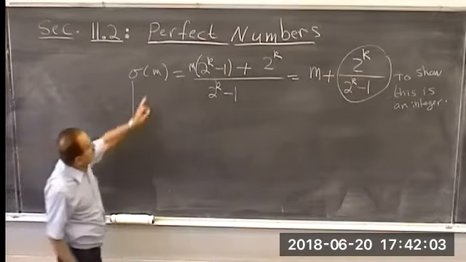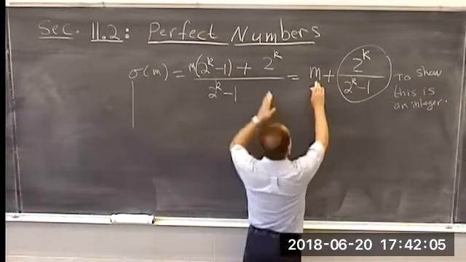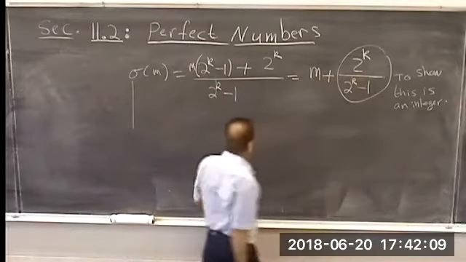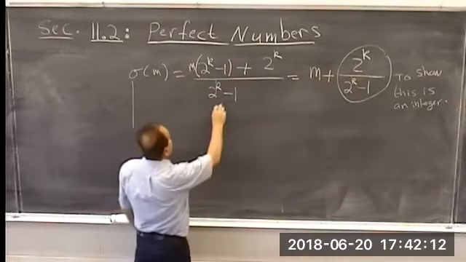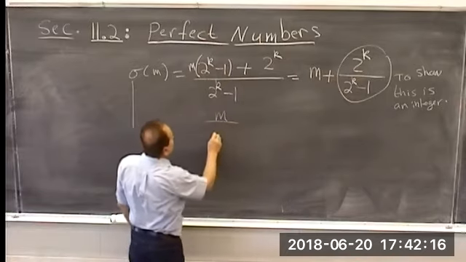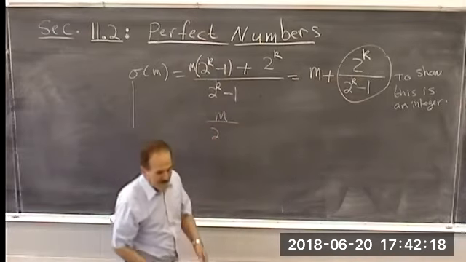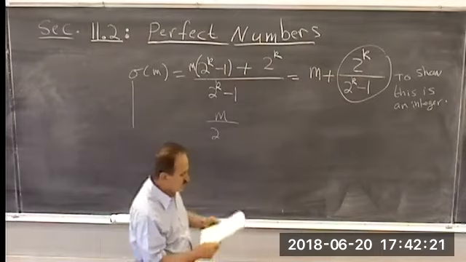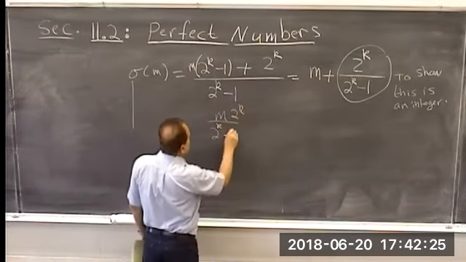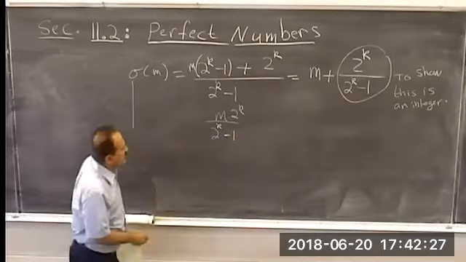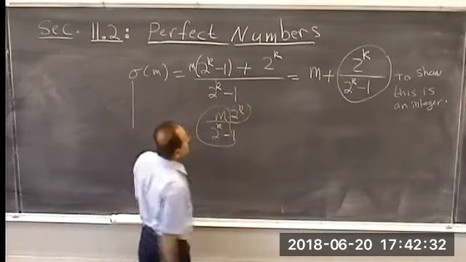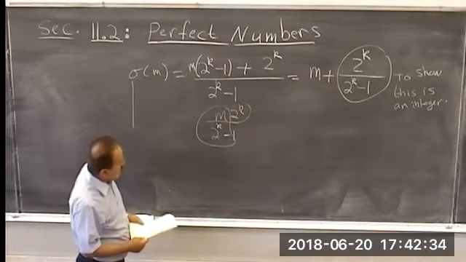Let me try to finish up the argument, because I said I want to show this is actually an integer. We have the fraction which was in here, m over 2 to the k minus 1, and going back, 2 to the power k over 2 to the power k minus 1. So this is an integer, together with the other, which will make it also another integer.